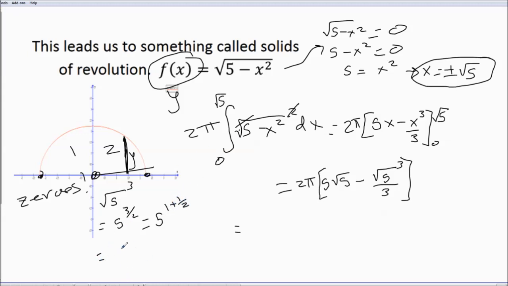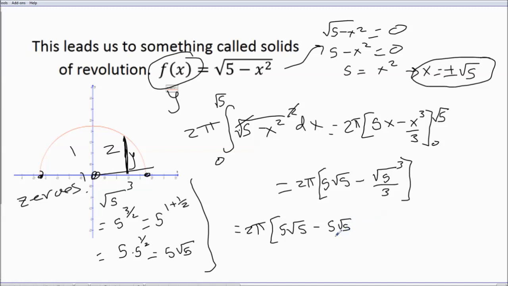And that means I can write this as 5 times 5 to the 1/2, which is the same as 5 times the square root of 5. And the reason that would be relevant is because now it can match that. So that's my little side work for you on what I'm about to do. So now I'm going to plug that in. So 2 pi times 5 root 5 minus 5 root 5 over 3.